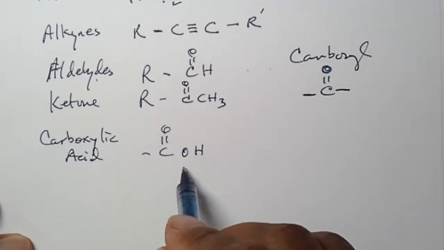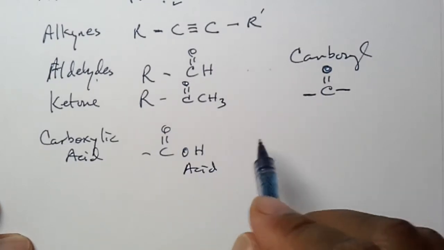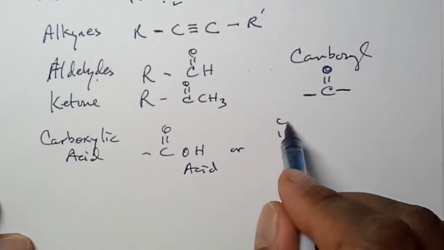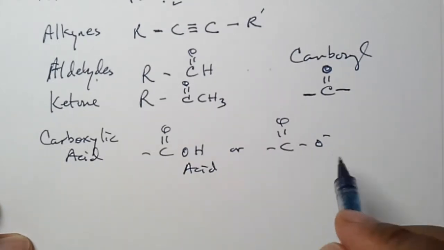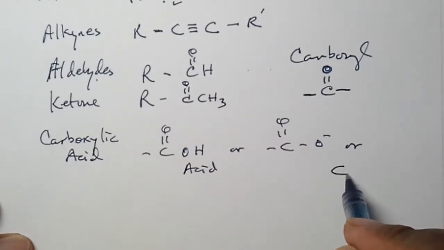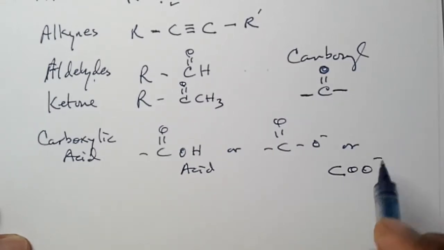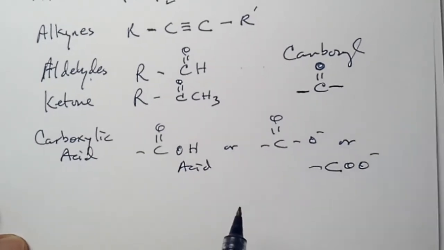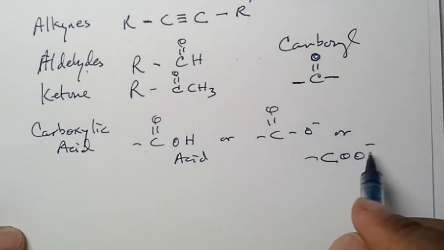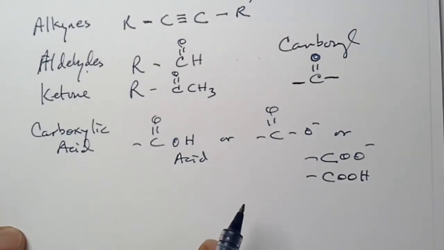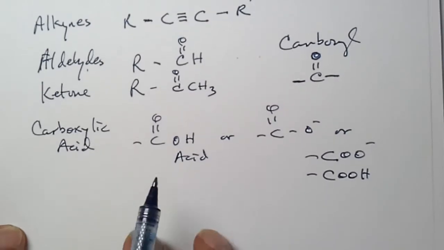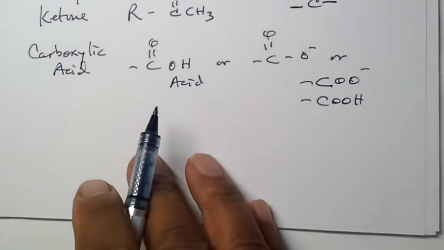It can act here as an acid, or you'll see the carbonyl written like this, or you'll see it written like that, or if it's protonated, it would be written like that. Those are all the same representation of a carboxylic acid.